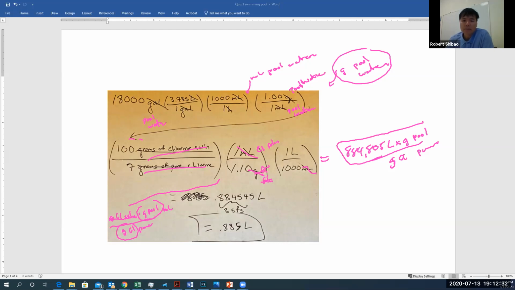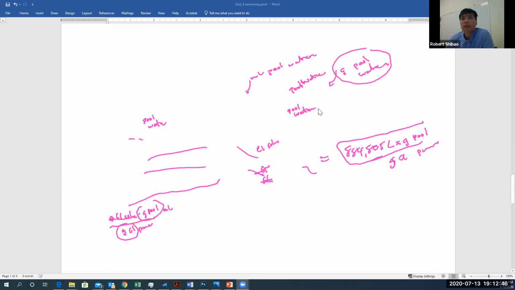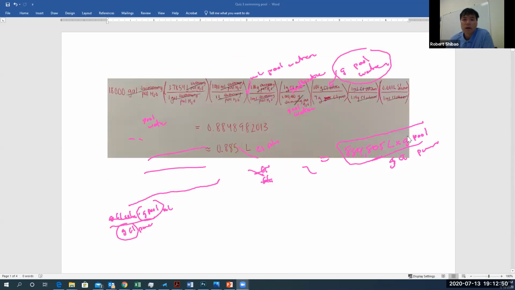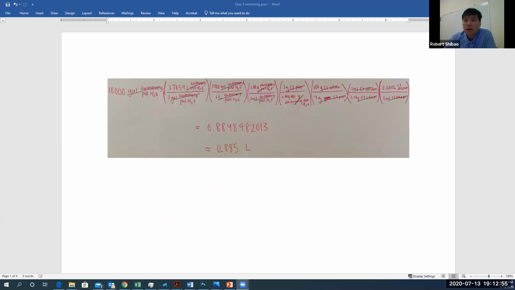I don't know if anybody noticed it, but did anybody notice that there is something not being factored in? Oh, let me tell you what it is. We had to make an assumption. Let me write down what the assumption is.